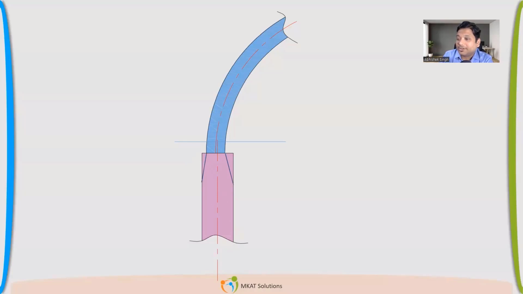What is grossly wrong in this? I'm saying, as a designer, even if you forget about taper and all, it is a completely no-no. So someone is saying ID should be matching. Okay, if I match the ID, I just shift it and match the ID.